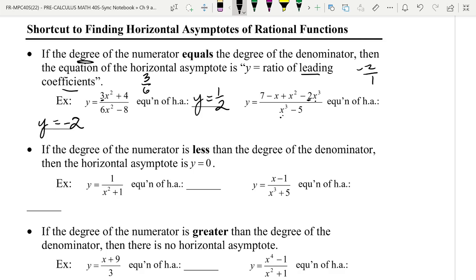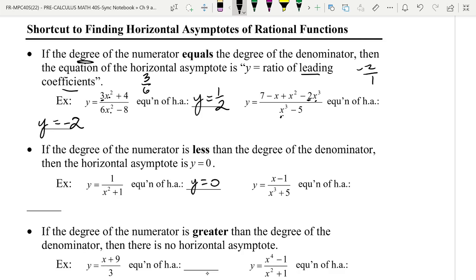Now, this trick only works when the degree on top and the degree on bottom are the same. If the degree of the numerator is smaller than the degree of the denominator, notice this has just a constant and that has an x squared, then the horizontal asymptote is always just 0. And again, you can kind of see that, right? y could be any number you want except 0, because 1 divided by anything can't be 0. So that's y equals 0.